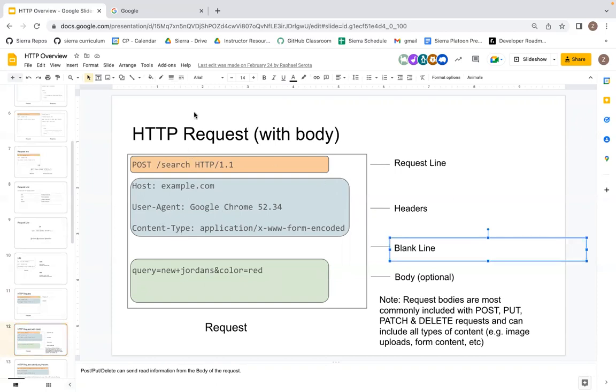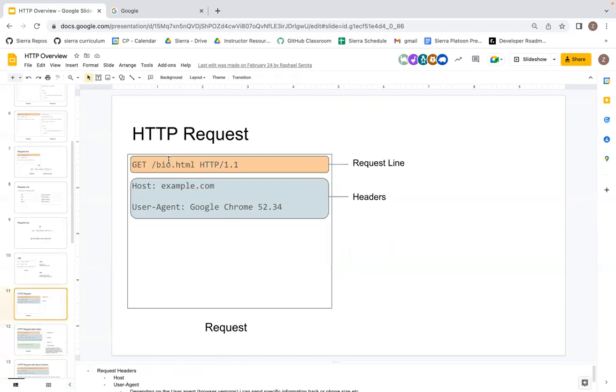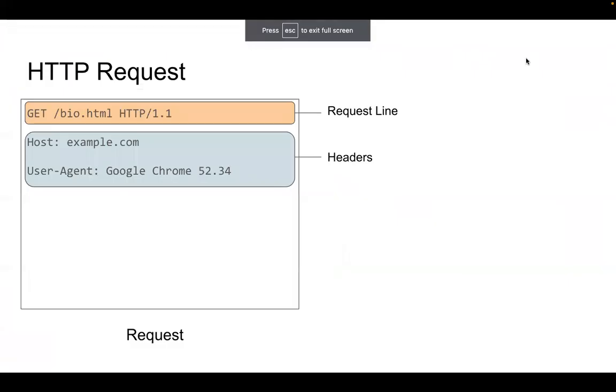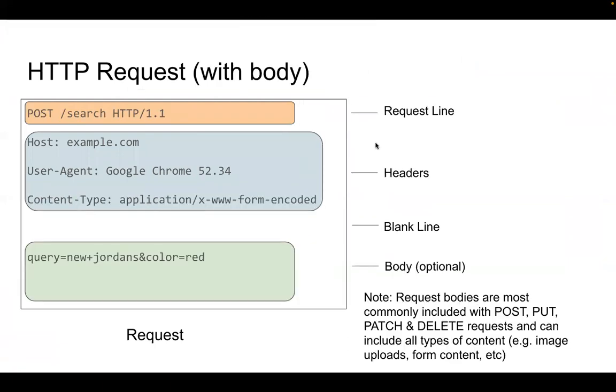So some requests have just the request line and a header, and this will usually be our GET requests. When it comes to post, you're actually sending over data. So that request will have a body, and that body will have information in it. See here, the request is a post. Headers are pretty much the same.